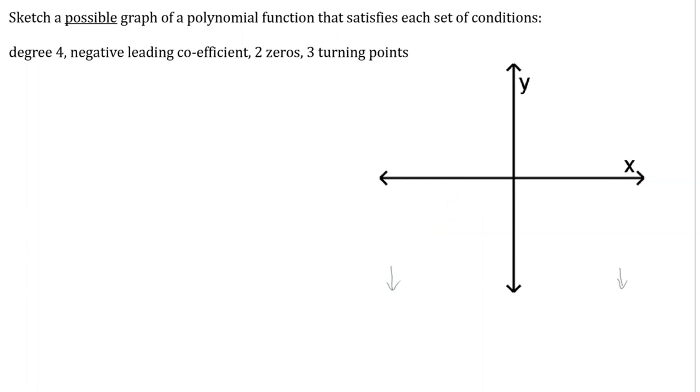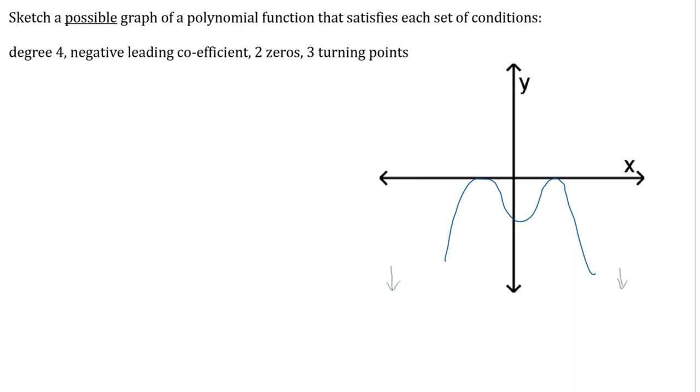Whoops, except that was wrong. 1, 2 turning points, 2 x-intercepts, 3 turning points. Bam, like that. I think those are probably the only ways you can do it. You could make them look a little bit different, obviously, but those are different ways you could have x-intercepts. Any of those 3 graphs would satisfy these conditions.